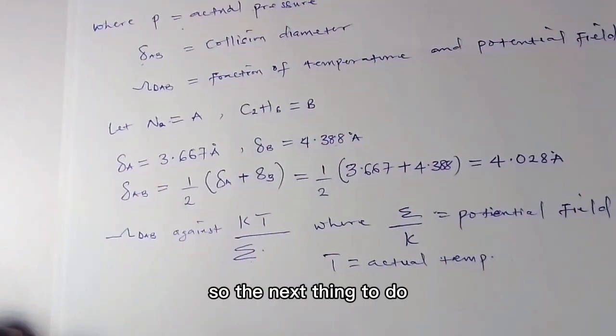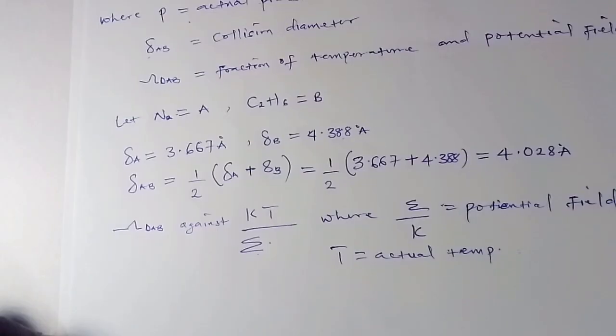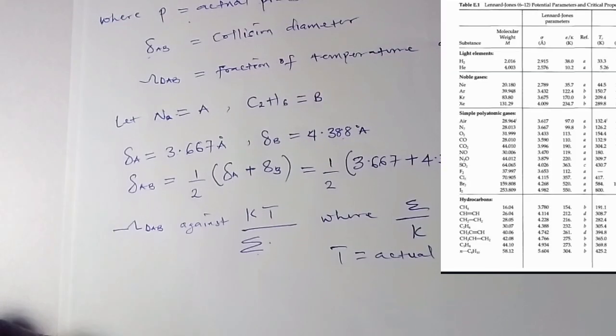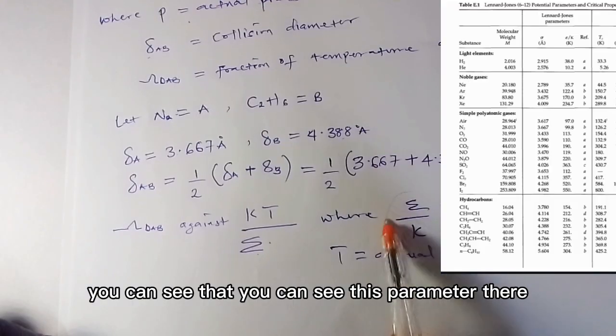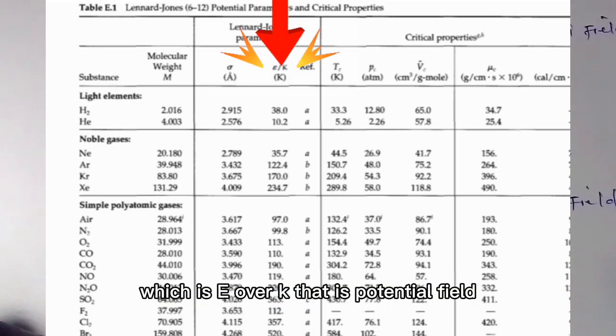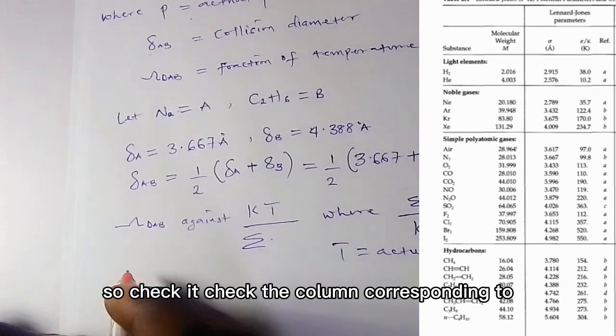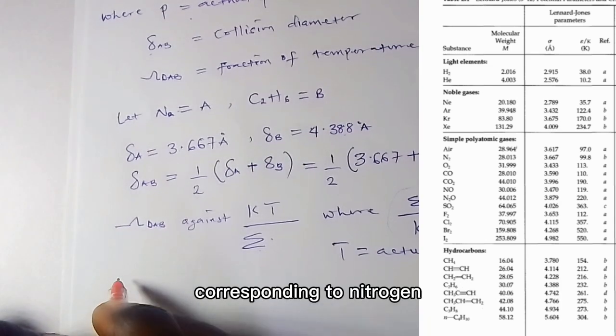So the next thing to do, if you check the Lennard-Jones parameter, you can see this parameter there, which is E over K, that is the potential field. So check the column corresponding to nitrogen now.